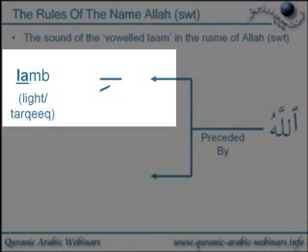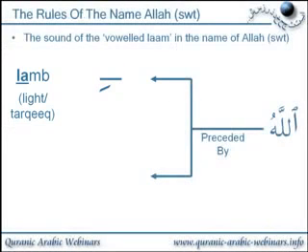i.e. the last sound before the name of Allah is going to be a kasra, then we're going to pronounce the lam of Allah in a light fashion, i.e. tarqiq. So that's light, empty mouth, some people call that. So the sound you're actually going to get on the lam is la, as in the English word lamb.